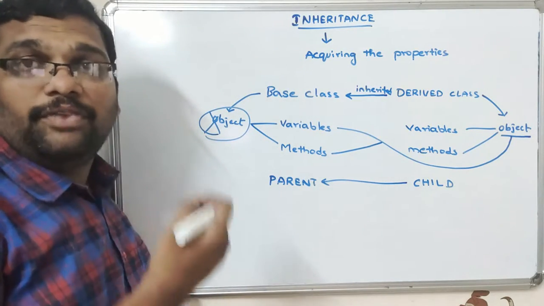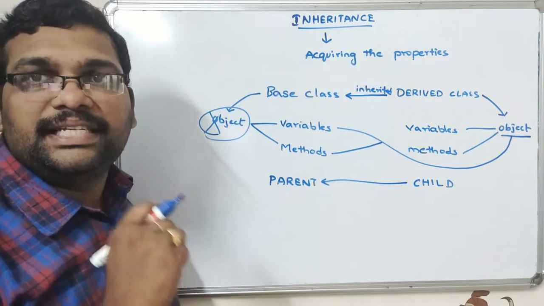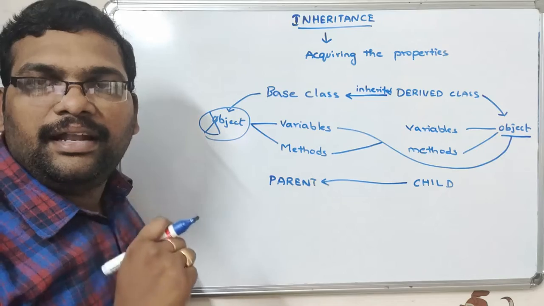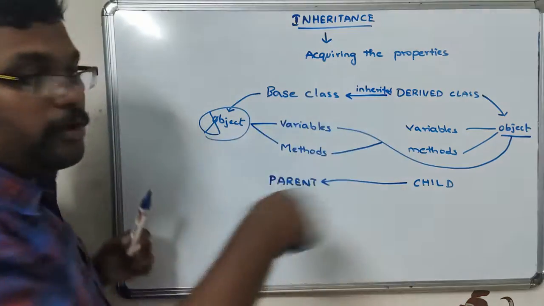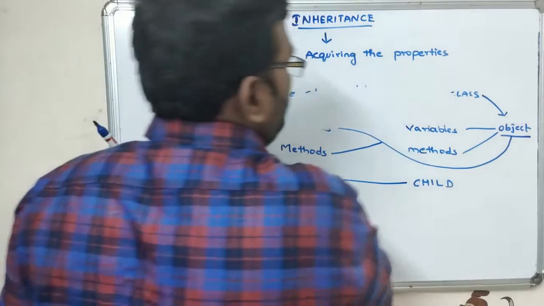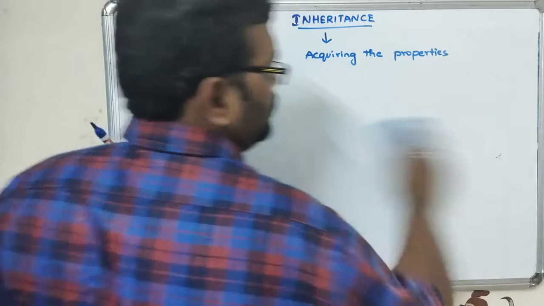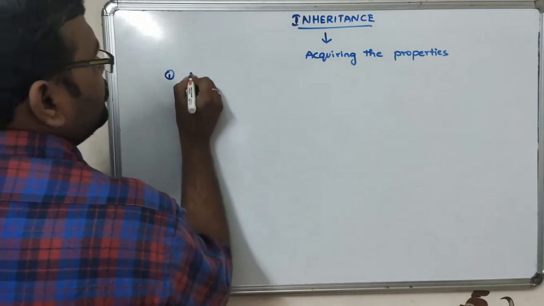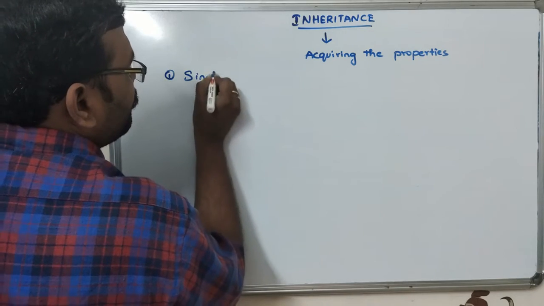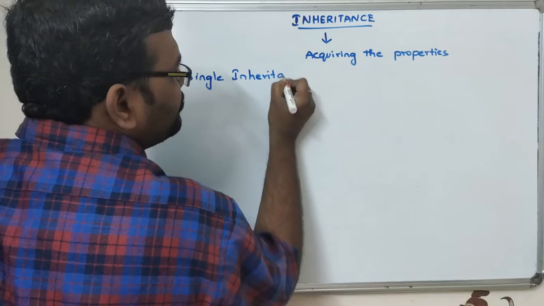Now let us see the types of inheritance. In this session we will see two types of inheritance, that is single inheritance and multi-level inheritance. The first one is single inheritance.